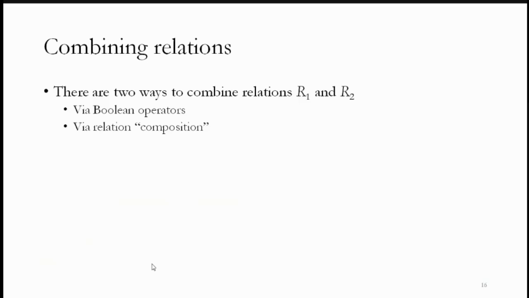Now we'll see the combination of relations, or how you can combine relations. We have seen so far that if Ramu drives a car, here we are making an association between two entities. If multiple entities are there, how can we form a relation? That is what we call combining the relations.